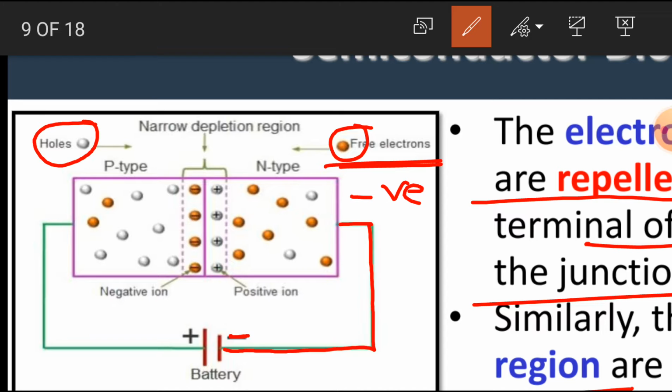That means like charges are present here, and we know the rule that like charges repel each other and unlike charges attract each other.